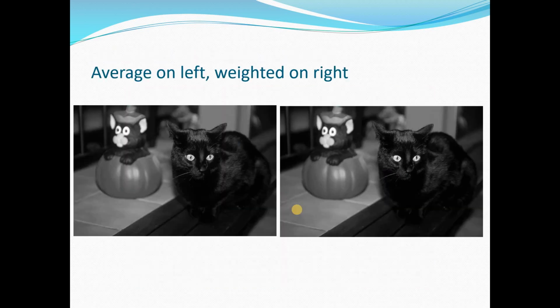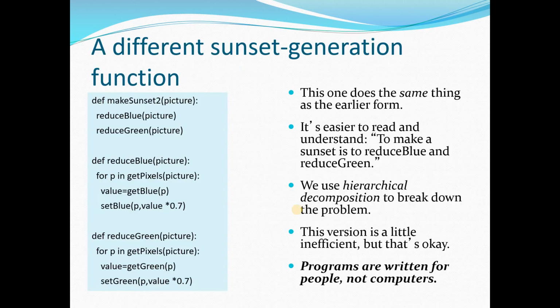Here they have given, on the left it is average, and on the right it is grayscale, and still I don't know how to evaluate which one is better. Okay, so this was it about the grayscales.